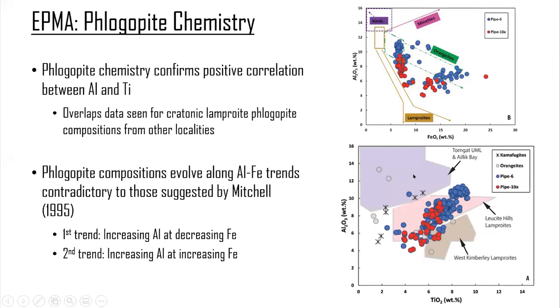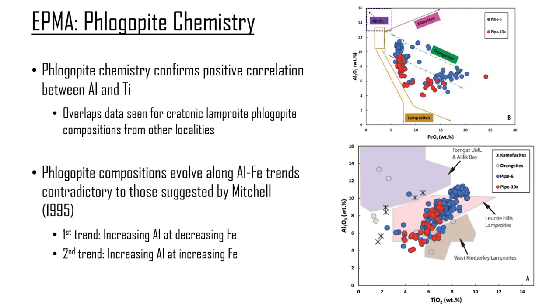We can also see that the compositions for the phlogopites in terms of the aluminium-iron evolution are different to what is suggested by Mitchell in his book for phlogopite compositions from orangeites and lamproites.